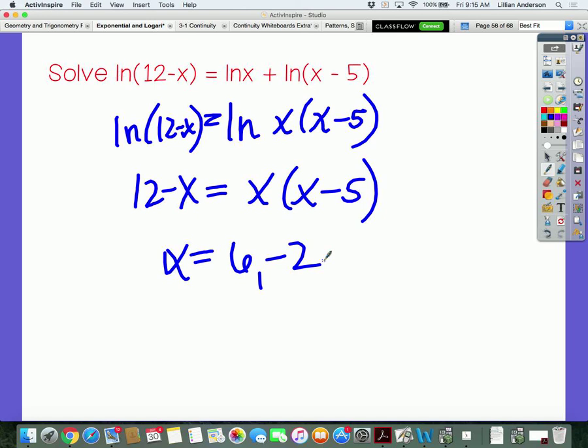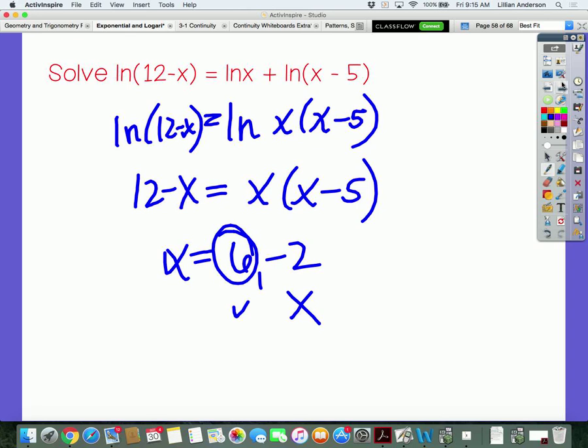The -2 did not work because even though when you plug it in here, yeah, you can multiply them, but the issue is you had a negative log once you plugged in -2. So the only one that worked was 6. Can't take a log or a natural log of a negative number. Like you try to type that into your calculator, you're going to get a big old error message. It's not going to equal the ln 14. Okay?